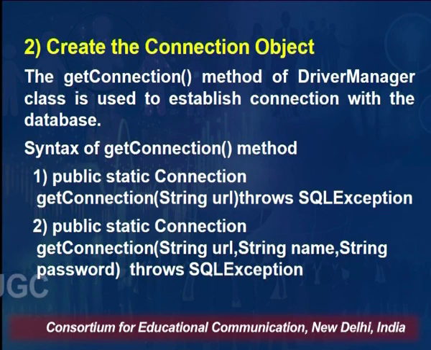Another signature through which we can use this getConnection method is public static Connection getConnection. Along with the string URL, we will be passing two more strings. One is the username of the database and another one is the password to access that database.